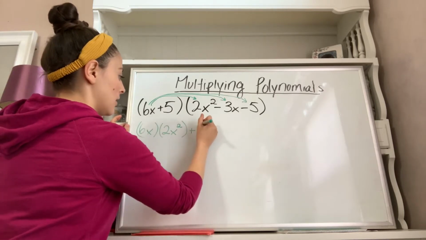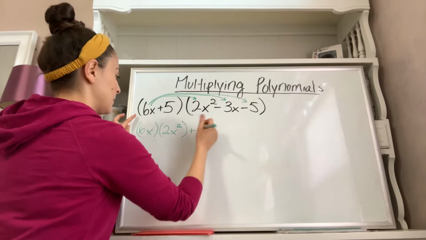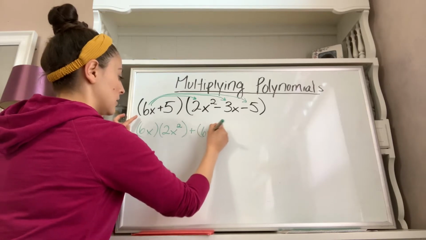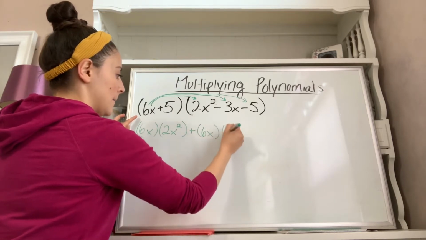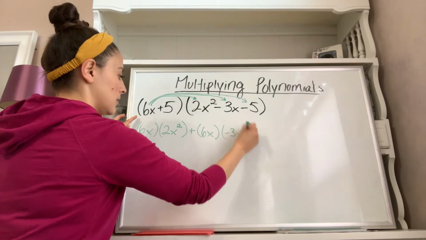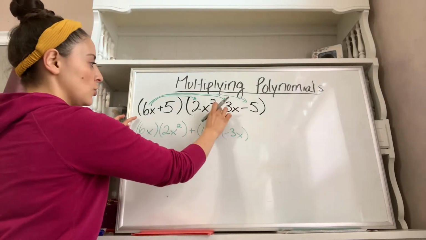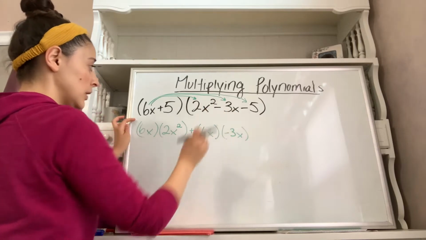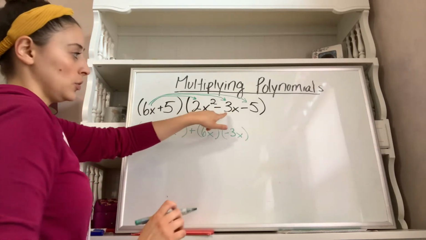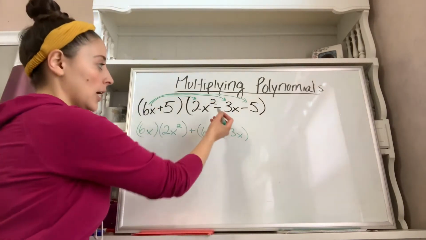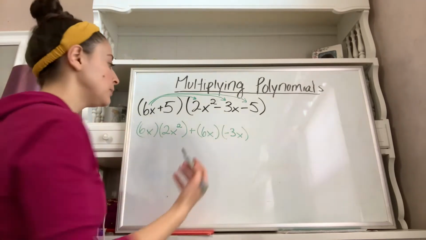And we're adding 6x minus 3x. Make sure you carry the sign that's directly in front of whatever you're multiplying, okay? So since we're multiplying a 3x here, we're going to carry the minus sign that's right in front of it with it.